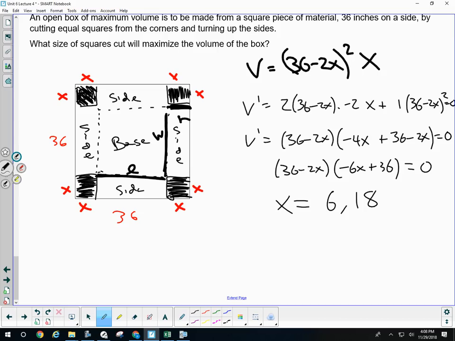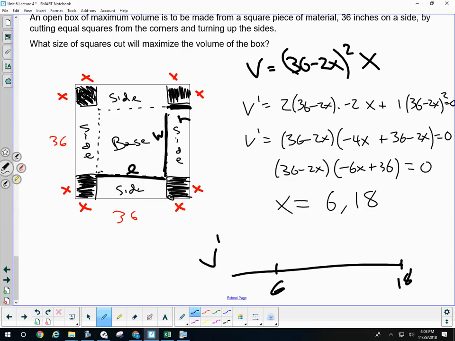Both of them must be correct, I guess, huh? Let's do some thinking. Are my answers both 6 and 18? If I cut out squares of 18 by 18, I essentially have no box. Another way you could see this is look at v prime between 6 and then ending at 18.